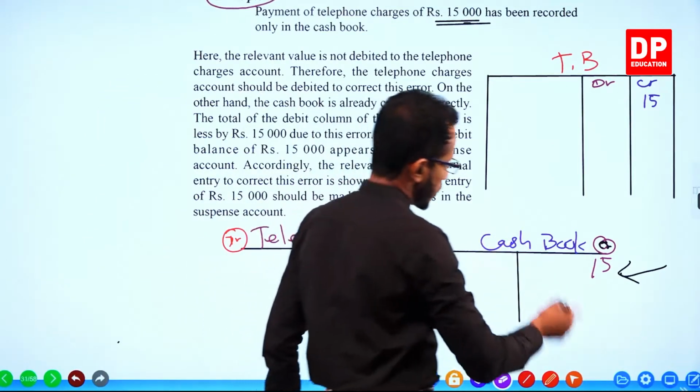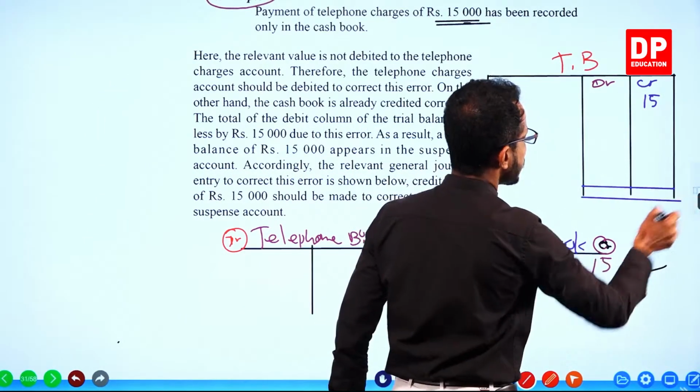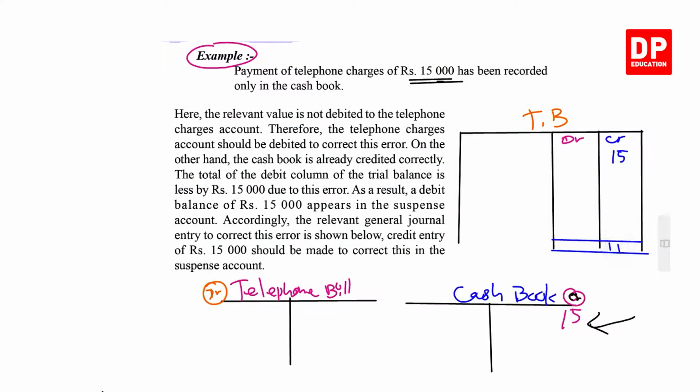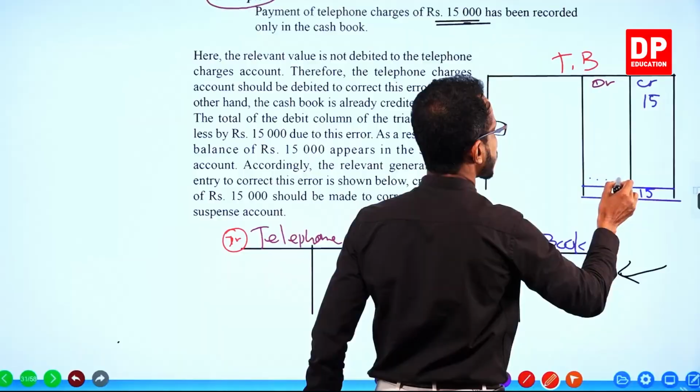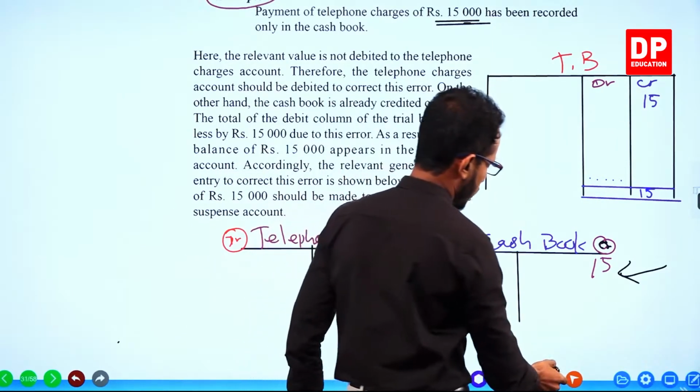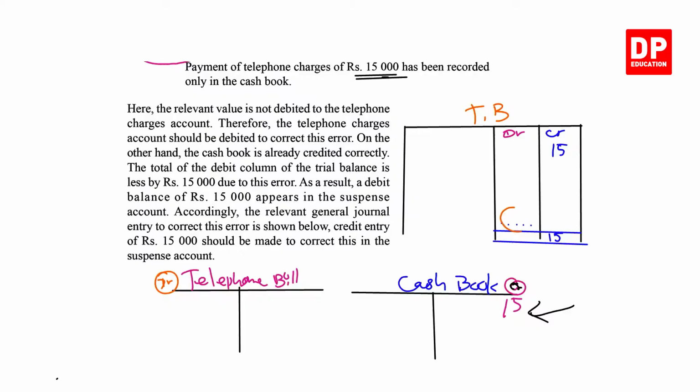So when this trial balance is balanced, 15,000 is excess in the credit side. That 15,000 should be less in the debit side. So what we normally do is we enter the shortage to the debit side, to the side where we have the shortage.